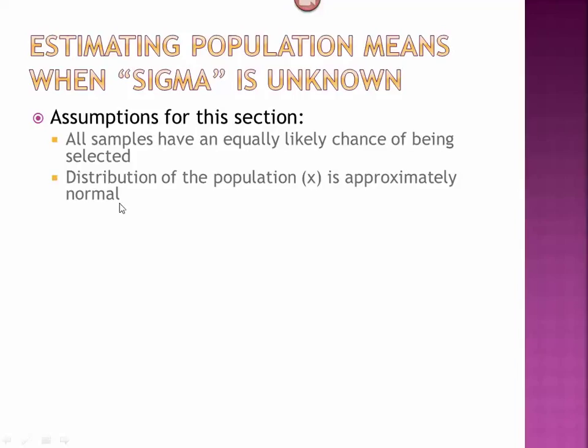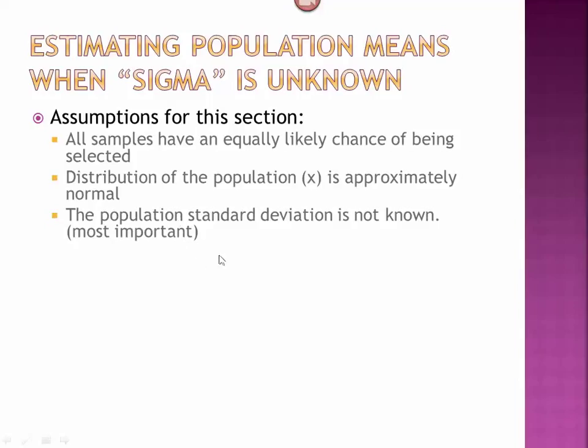That means that's my original data, that it's got an approximate normal distribution. We also don't know the standard deviation of the population. This, of course, is the most important part that signifies that we need to use this method as opposed to the z-table, which we did in the previous section.